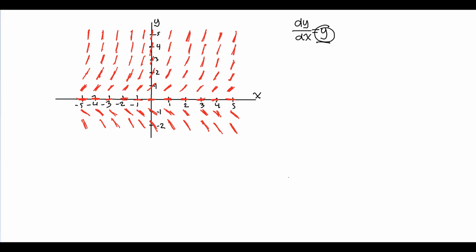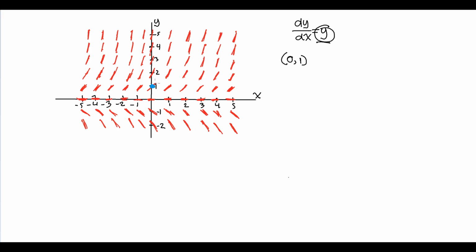Well, let's say I want to draw the solution curve through 0, 1. So this is our point. I'm going to draw the solution through that. You can kind of play a game, sort of connect the slope segments.